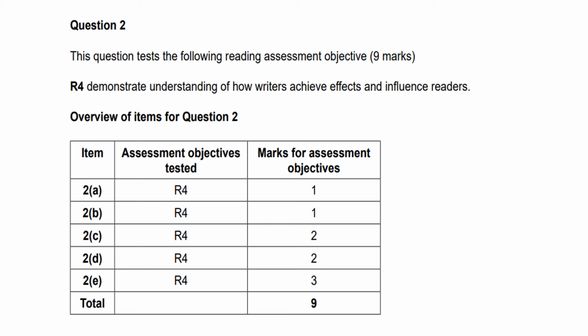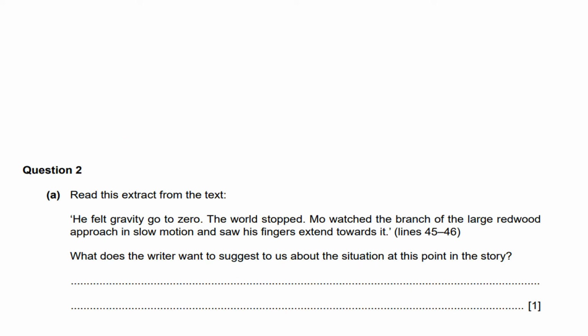It means that you have to go deep into the question. This is the assessment objective tested, which is R4, and R4 demonstrates the understanding of how writers achieve effect and influence readers.